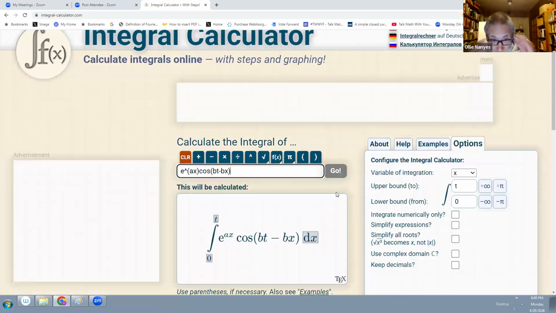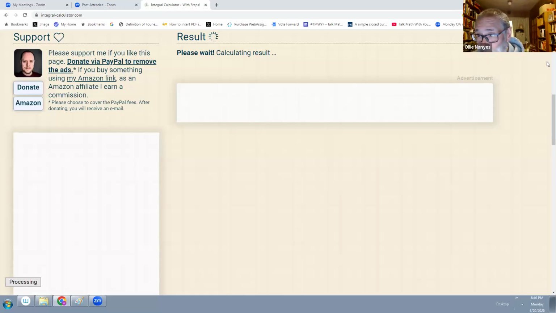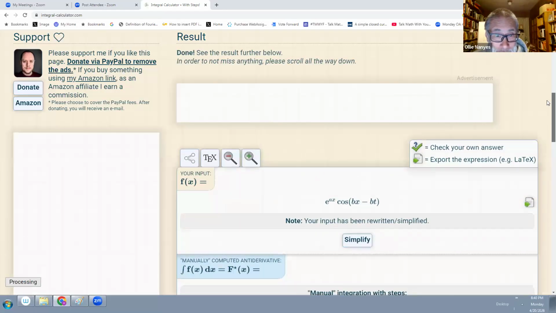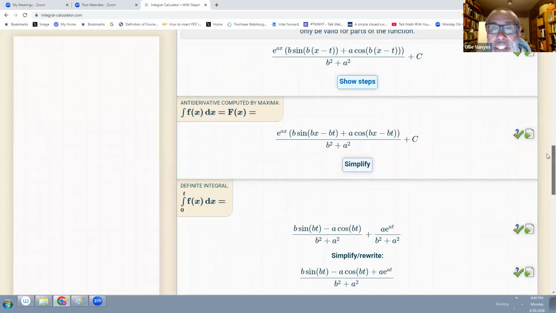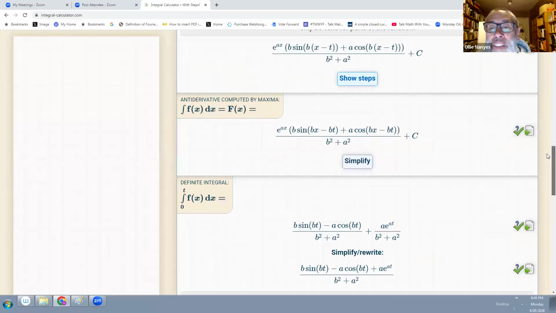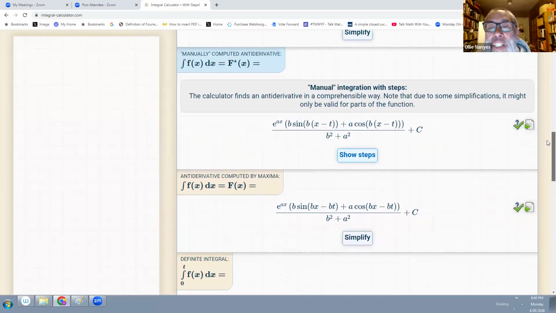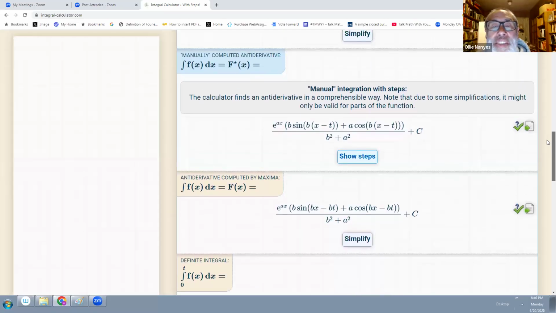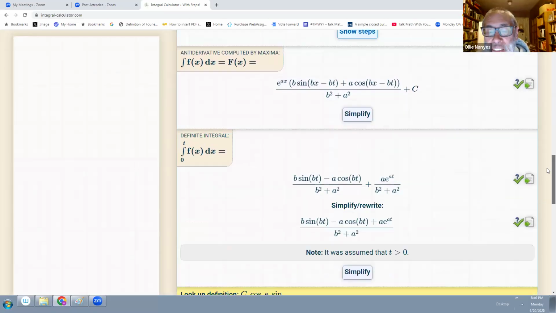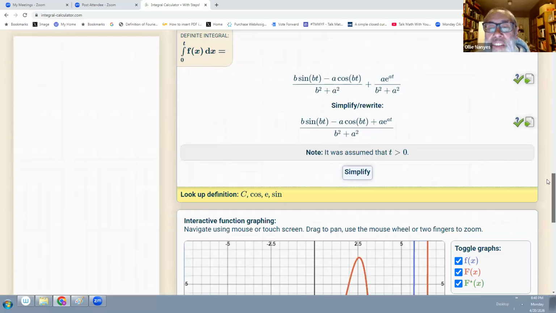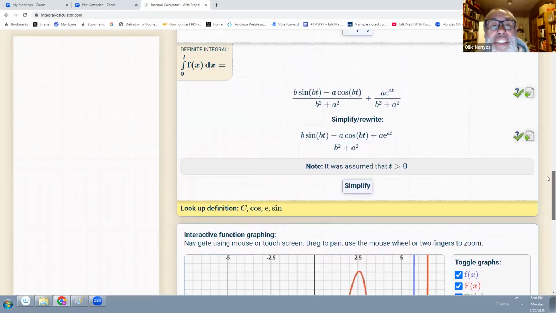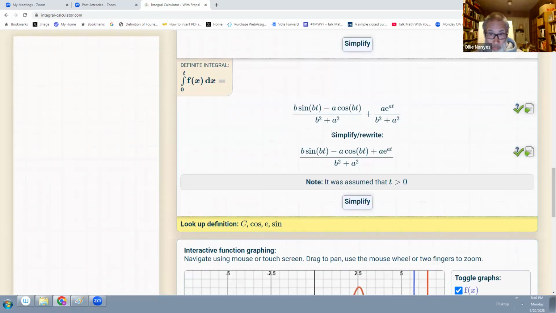I know this is a lot quicker, but we really ought to be looking at this a little bit. And we see that we get the definite integral is what we have right here.